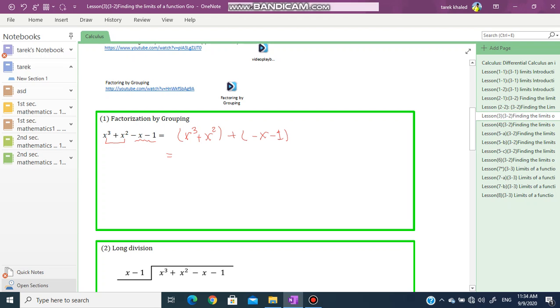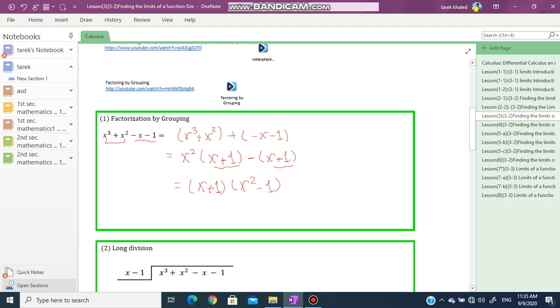You can take x power 2 as a common factor, so x power 2 bracket, you will find the remainder x plus 1. You can take a negative common factor, so negative, and it will be x plus 1. You can take another common factor, x plus 1, so the remainder will be x power 2 minus 1.